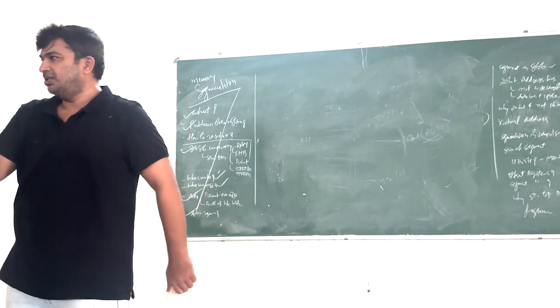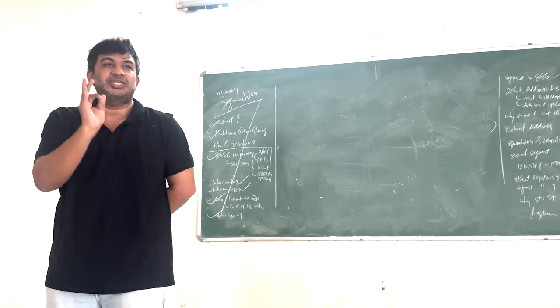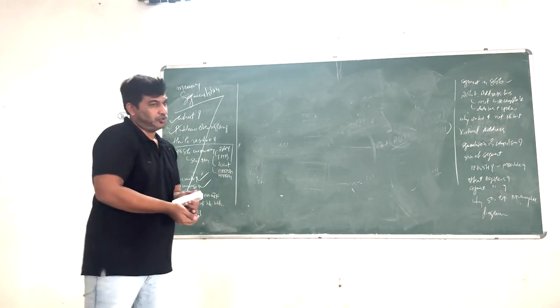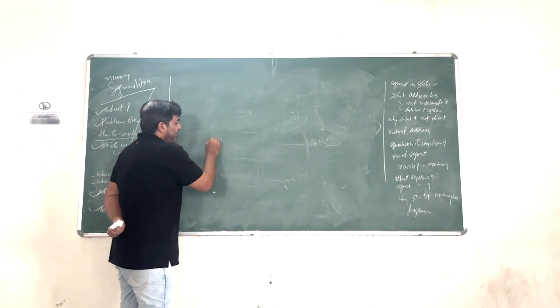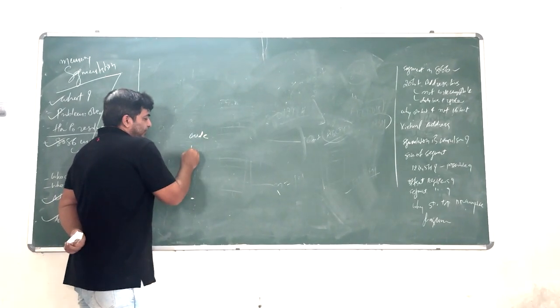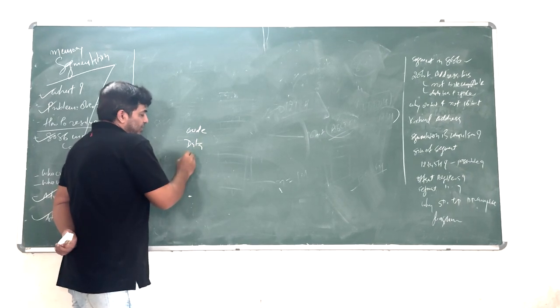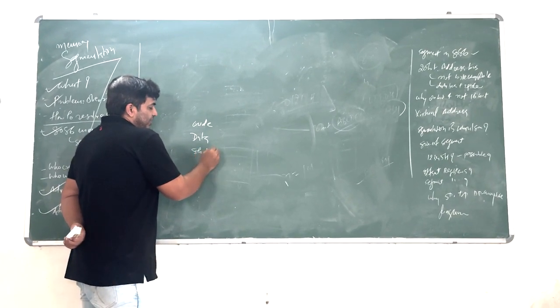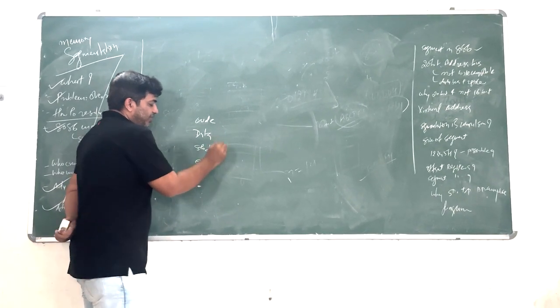Now in 8086 we are creating four different segments. You have the opportunity to create four different segments: one is called code segment, one is called data segment, one is called stack segment, and one is extra segment.